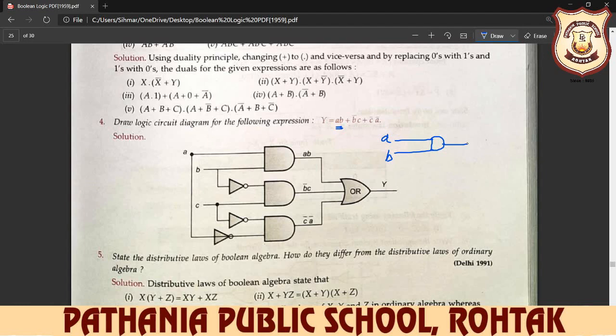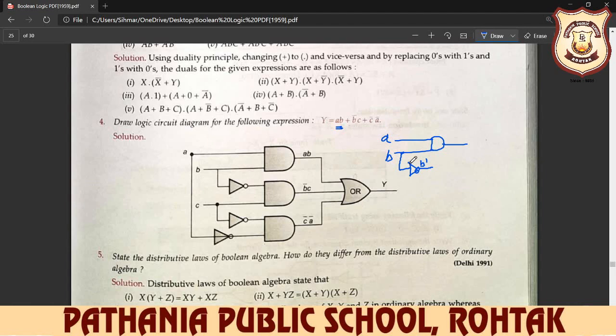You write down B complement here. Otherwise you take one row from the B and then you make a NOT gate here. So here is B complement. Before this line is B, but after this NOT gate our value is B complement.